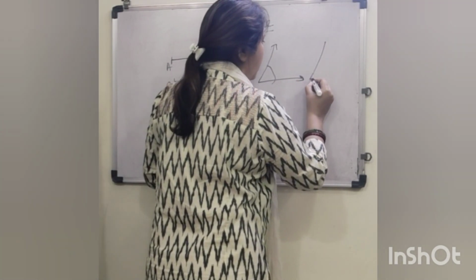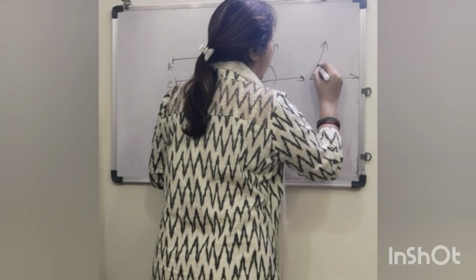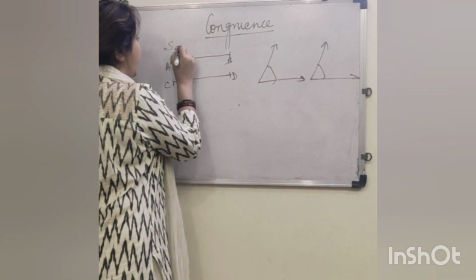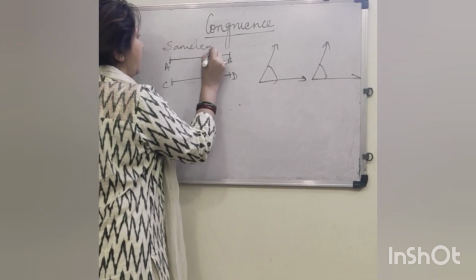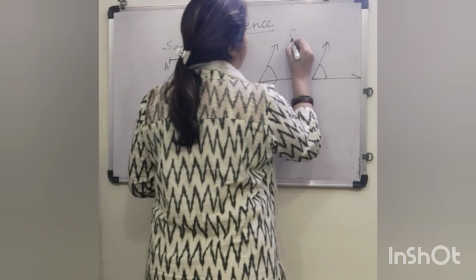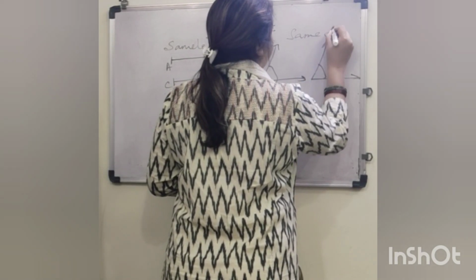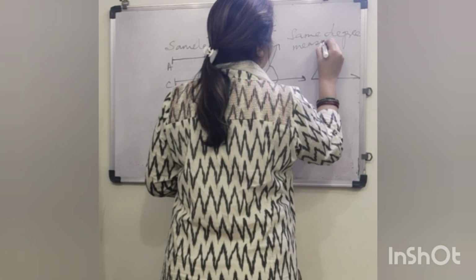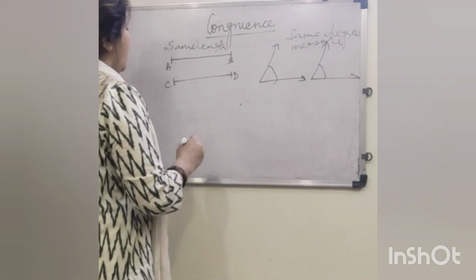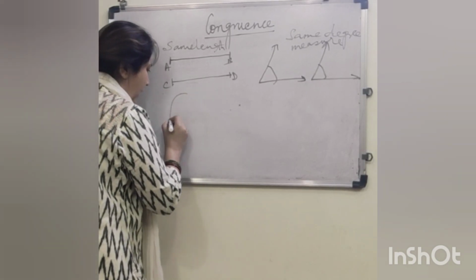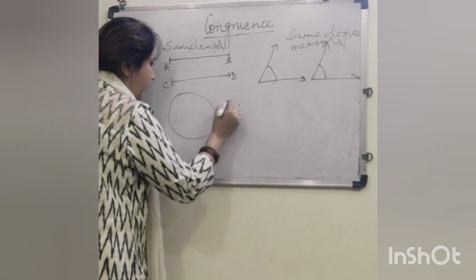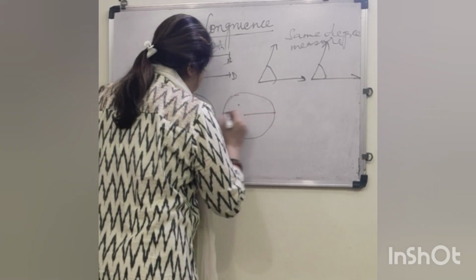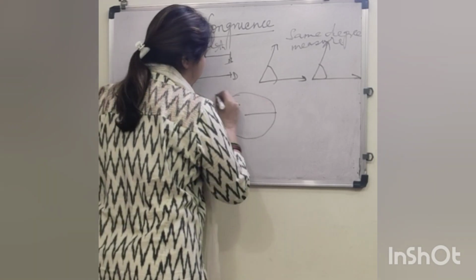Two angles are congruent if their degree measures are the same. Here we can write same length, same degree measure. Then two circles are congruent if their radii are the same. Radii is the plural of radius.